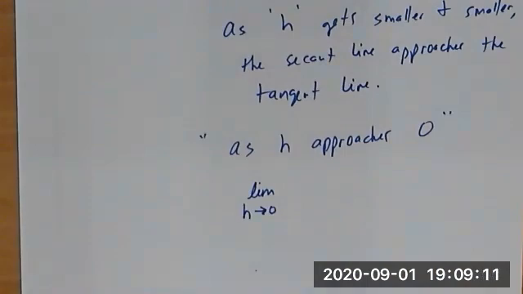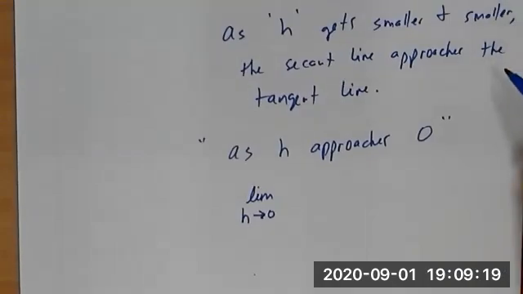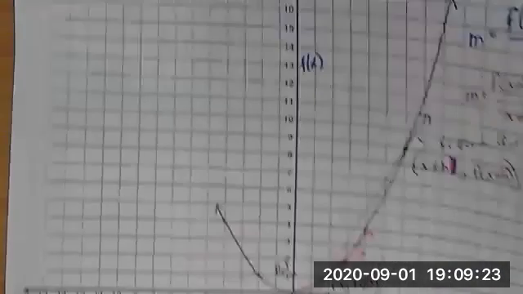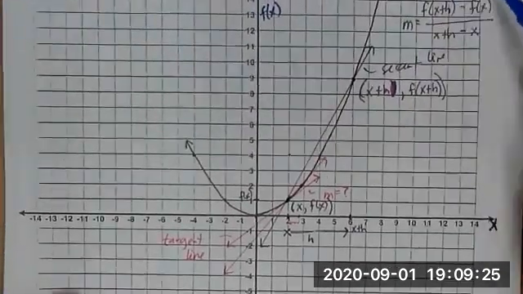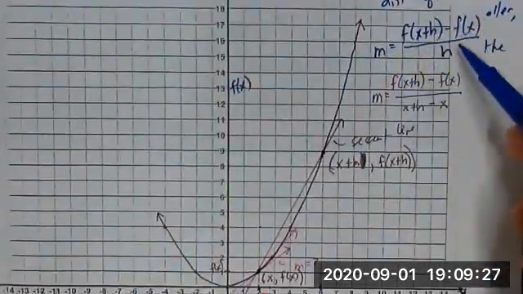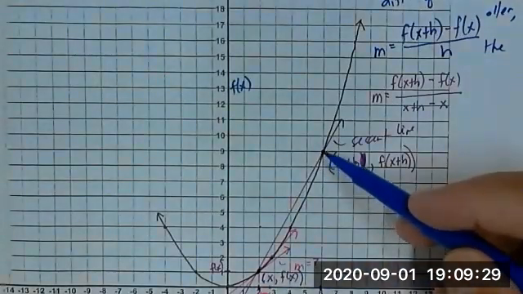So now, to finish this off, here's what we do. We figured out the equation for the slope of the tangent line.